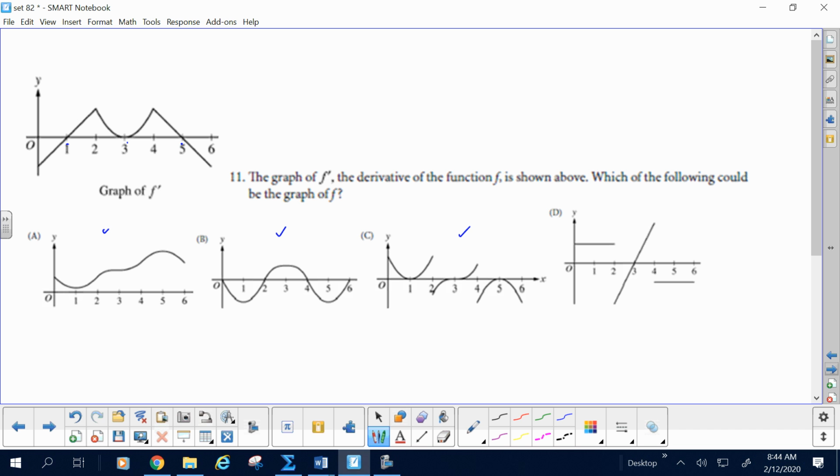Okay, so I agree that D's gone, by derivative 0 justification, D's gone. No good. Okay, what else? Think, this is a line, yeah? If f prime is a line, then what's f? Squared, parabola, right?